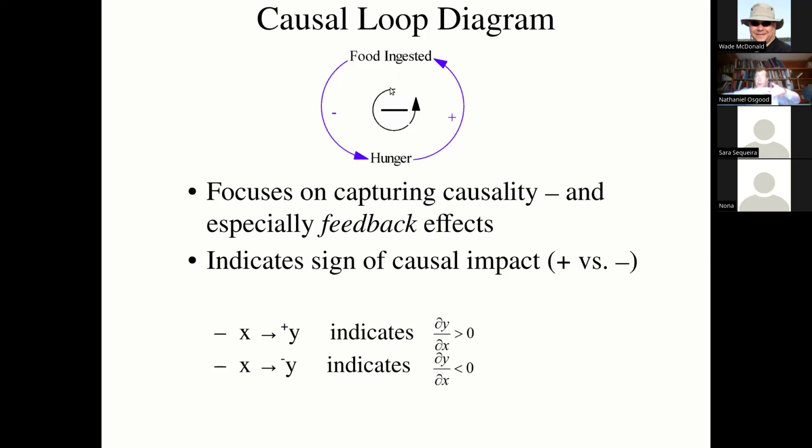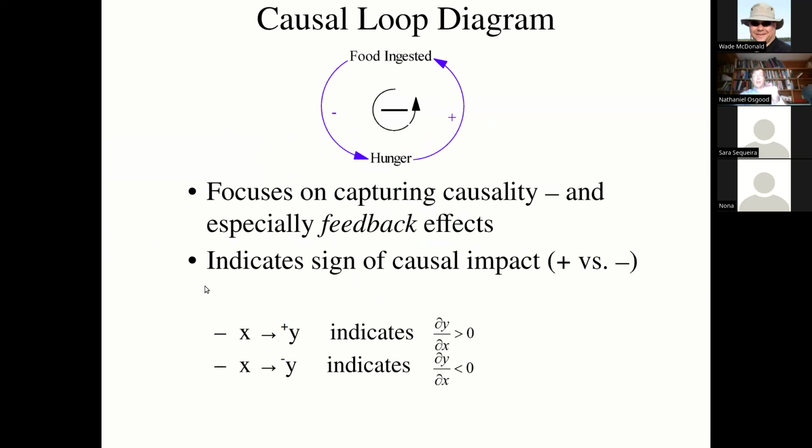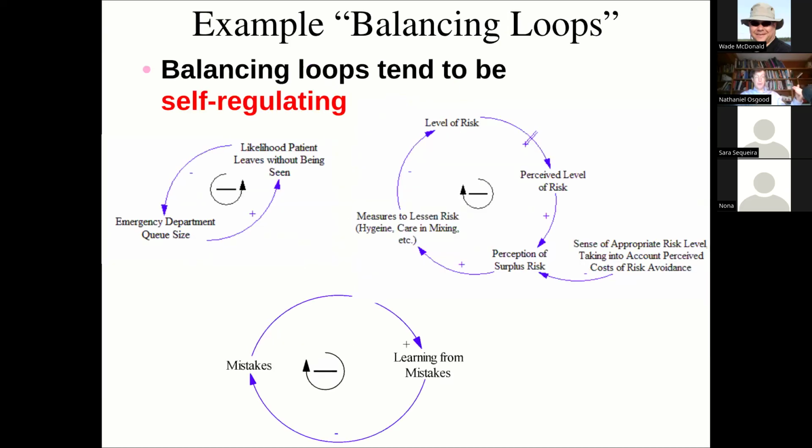That holds for longer paths in general. So causal diagrams provide us a very simple way of characterizing a dynamic hypothesis about the linkages between different variables.